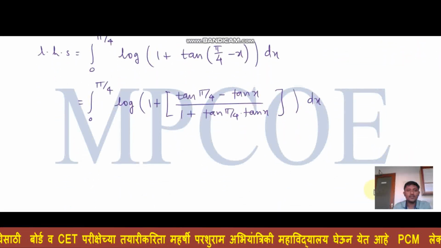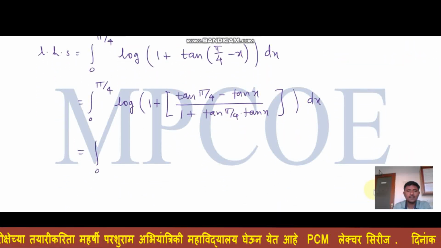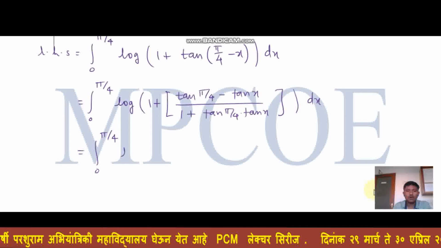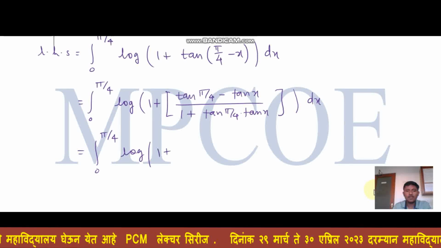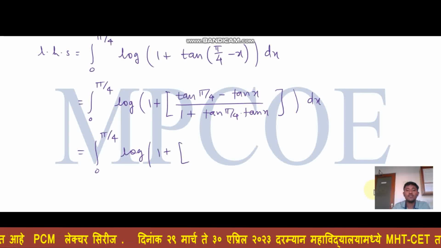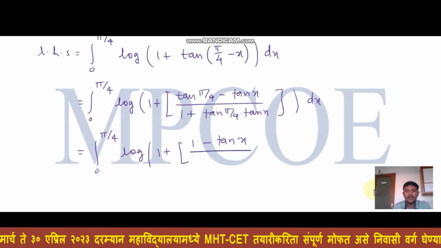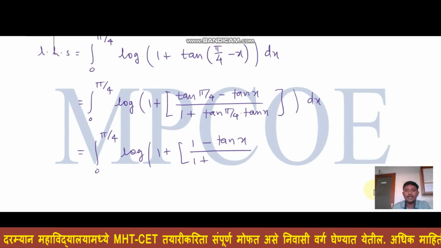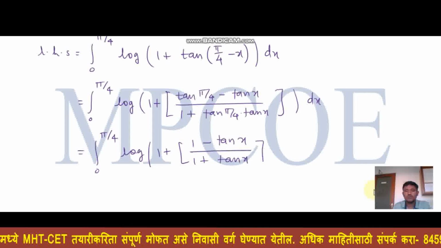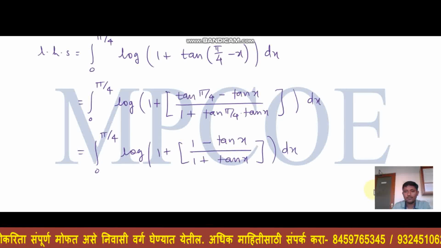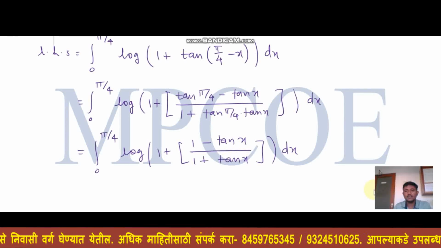So using this argument, and we also know that integral 0 to pi by 4 log of 1 plus, in a bracket, tan of pi by 4 means 1. So 1 minus tan of x divided by 1 plus 1 into tan x, that is only tan x, which is well understood, hence I have not mentioned 1 in both places.